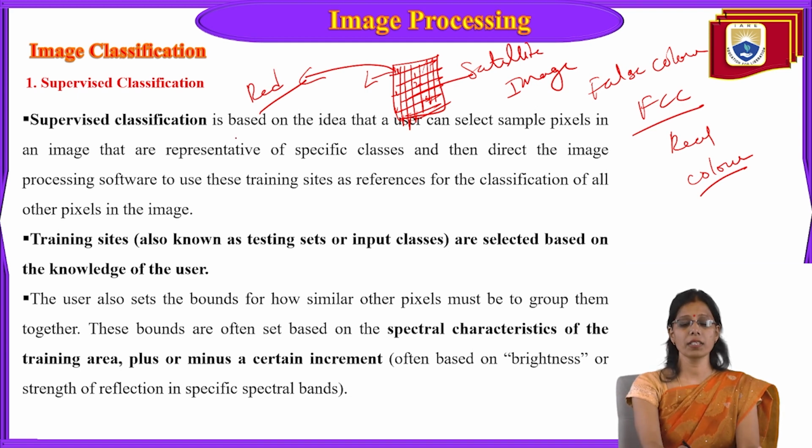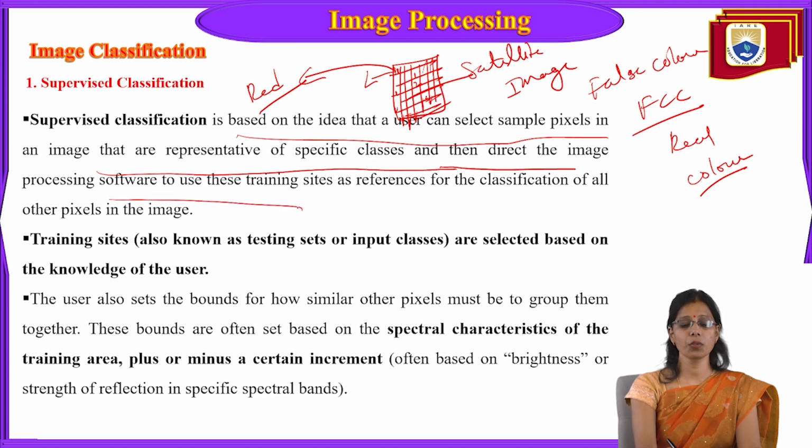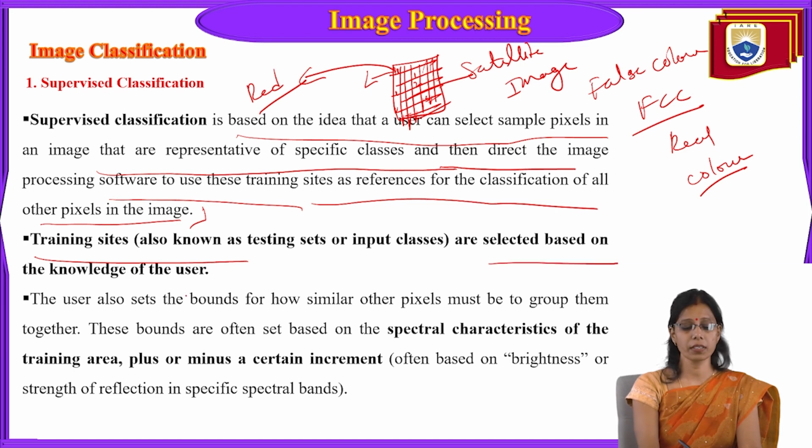It's based on the idea that users can select sample pixels of the image representative of specific classes, then direct the image processing software to use these training sites as references for the classification of the other pixels in the image. Training sites are selected based on the knowledge of the user.